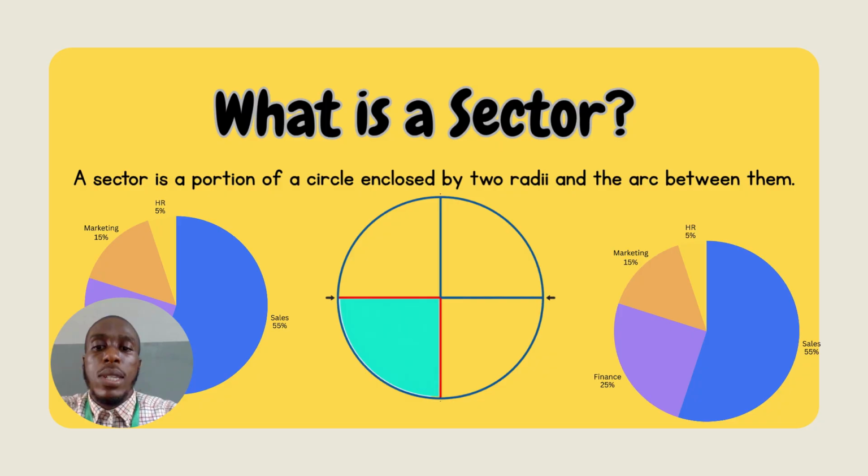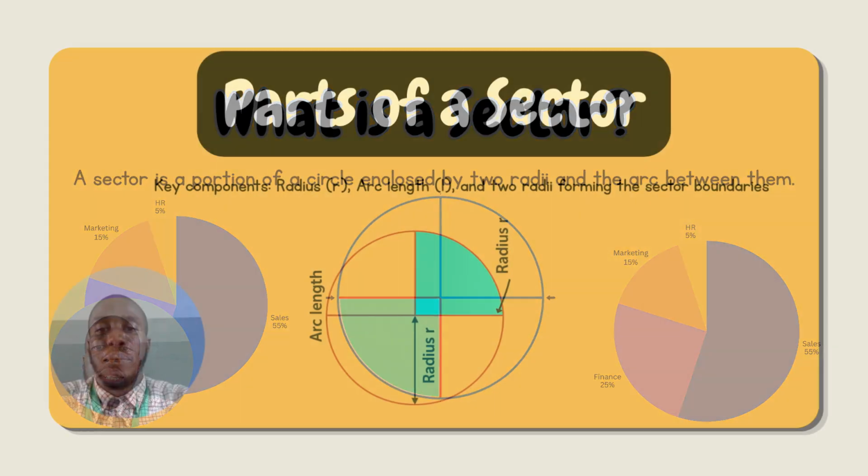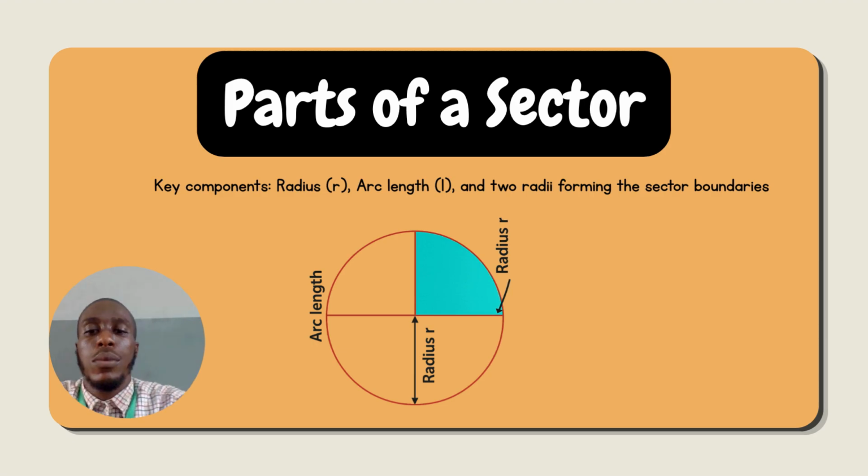What are the parts of a sector? As discussed in the previous slide, the key components of a sector are, number one, the radius, and number two, the arc. The radius is a line drawn from the center of a circle to any part of the circumference.